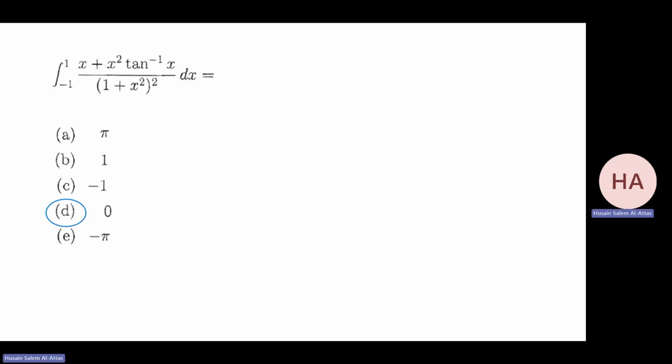What is this? Tan inverse. Look, when you see minus a to a, sometimes you need to think about even or odd. If I notice, this function is an odd function. Let me show it to you. f of minus x will be what?